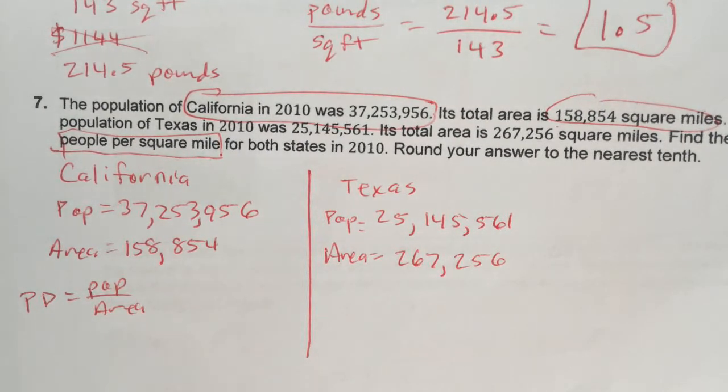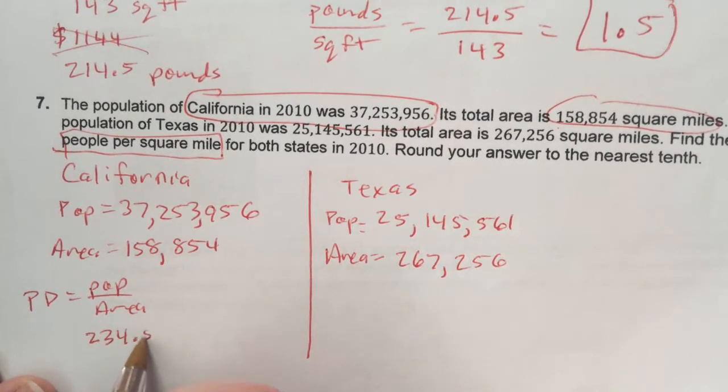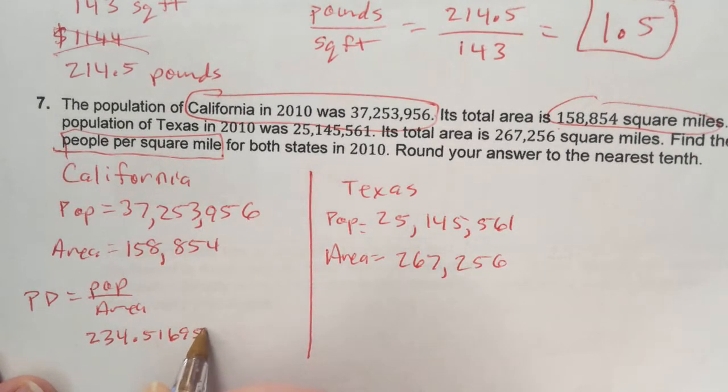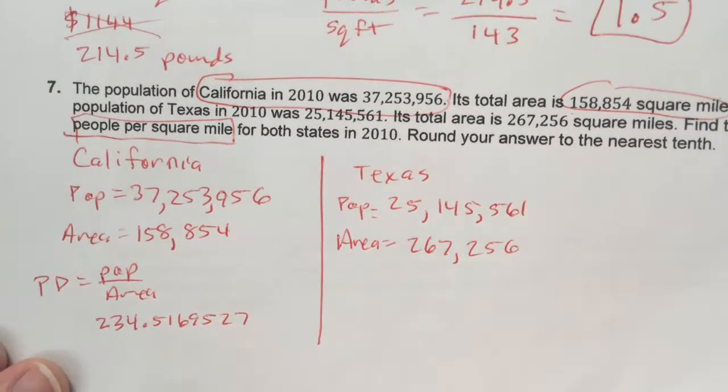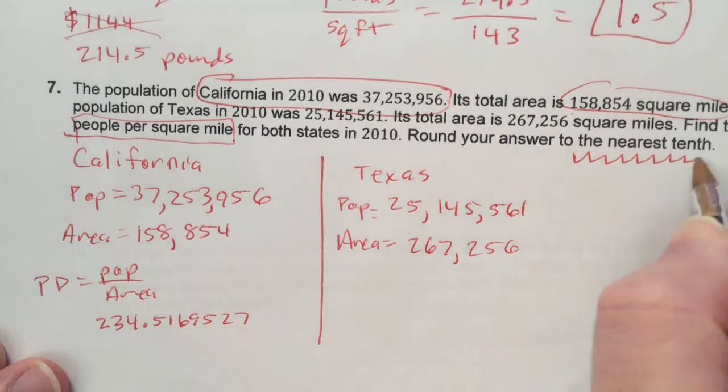So those numbers, 37,253,956 divided by 158,854. You put that in the calculator, you get 234.5169527. Now they said specifically to round to the nearest tenth.